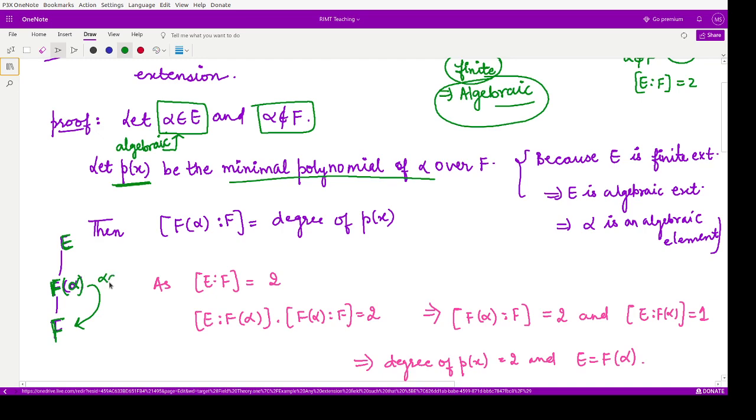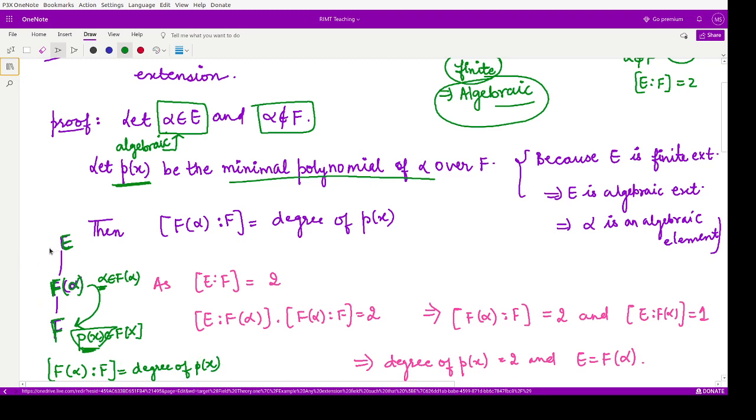Here alpha belongs to the extension field F(alpha). So corresponding to this element we have a minimal polynomial P(x) in F[x], and the degree of F(alpha) over F would be the degree of this polynomial P(x). But as of now we do not know what the degree of P(x) is.